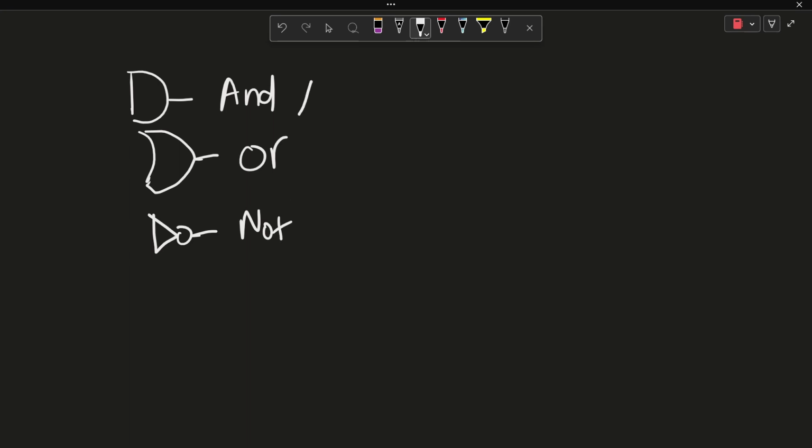Another way to write them is the symbols that y'all use in discrete math. And Boolean algebra wise, it's multiplication, addition, and the line above.